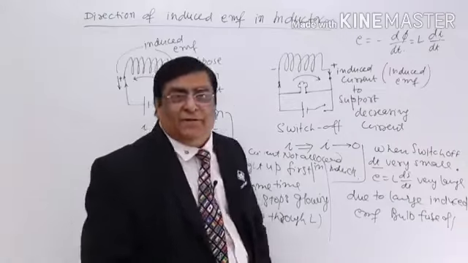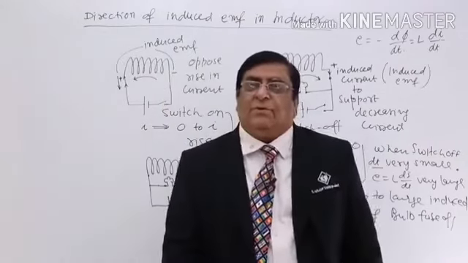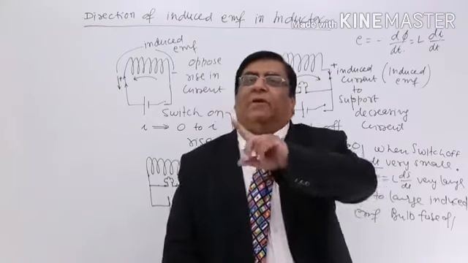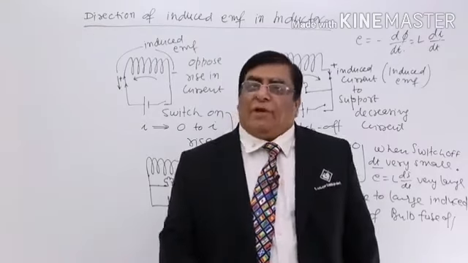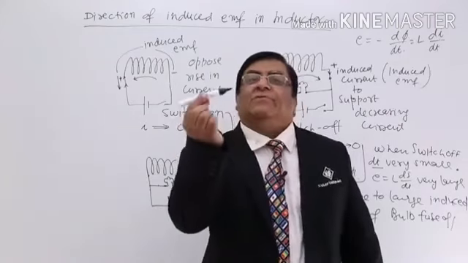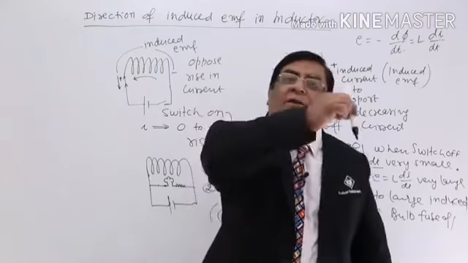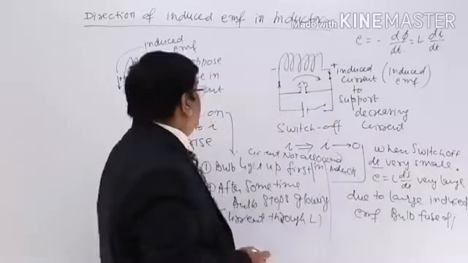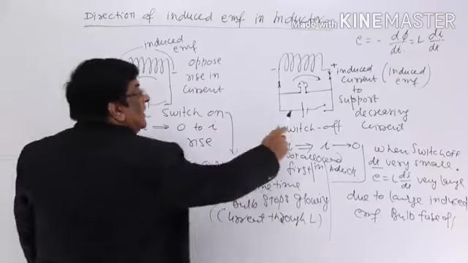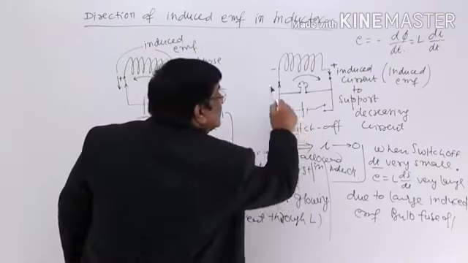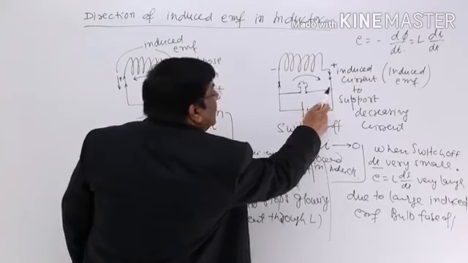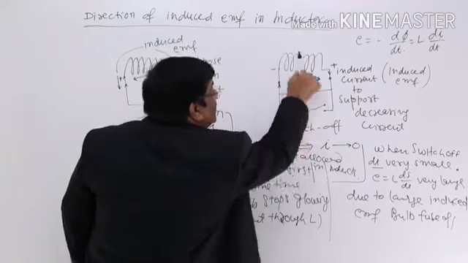Please remember thumb rules. Whenever we switch on, the current rises, it will oppose. Whenever we switch off, it will support the current and it will give induced EMF in the opposite direction. Here induced EMF is opposite to this. Here induced EMF is in the same direction, because this has left the circuit. It wants to continue the circuit.